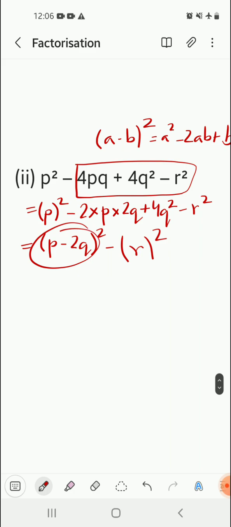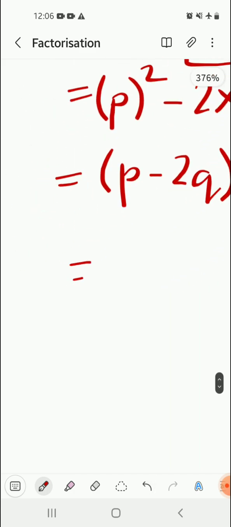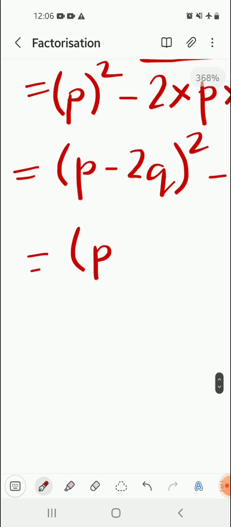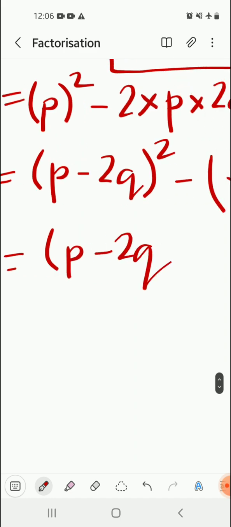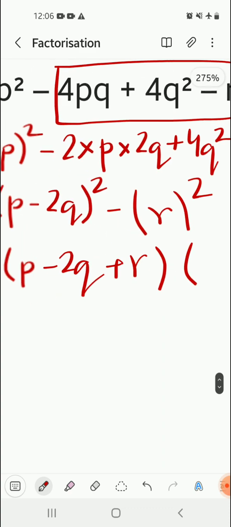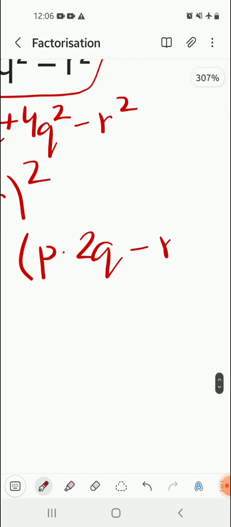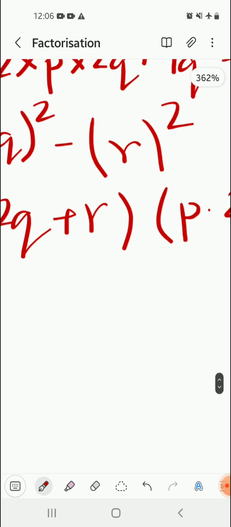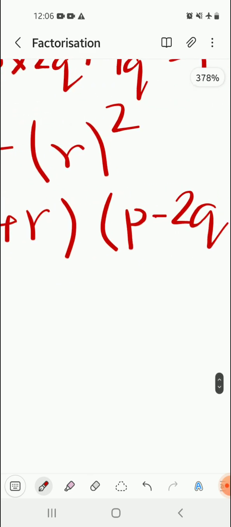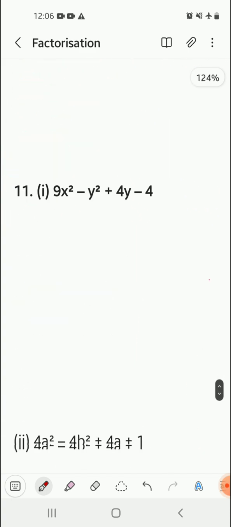Now we are going to use the a square minus b square formula, which is a plus b into a minus b, where a is p minus 2q plus r and b is again p minus 2q minus r. This will be minus. That's it. Moving on to the next question.